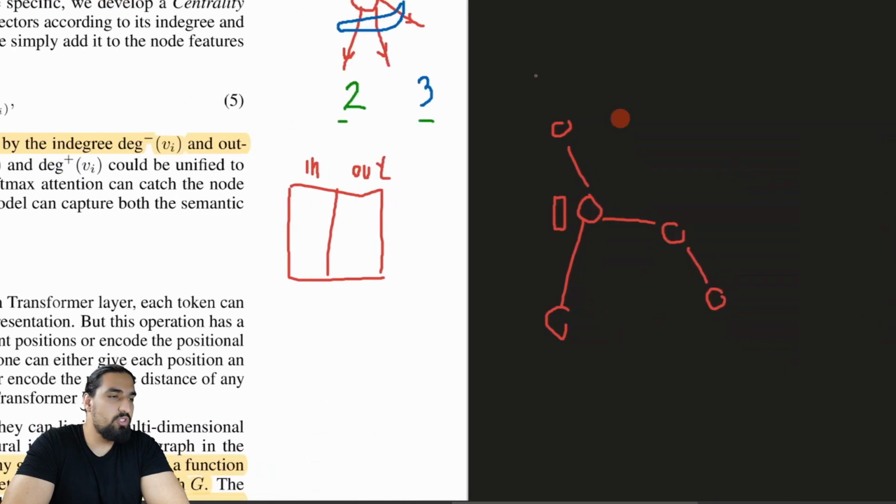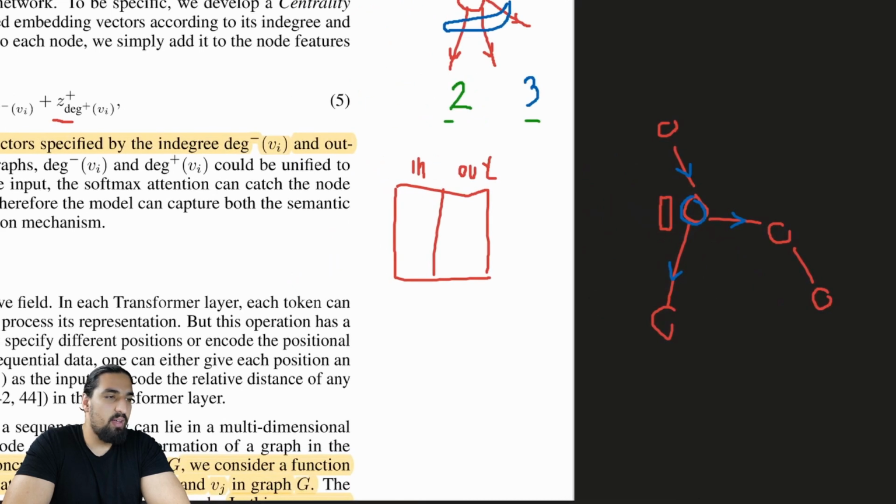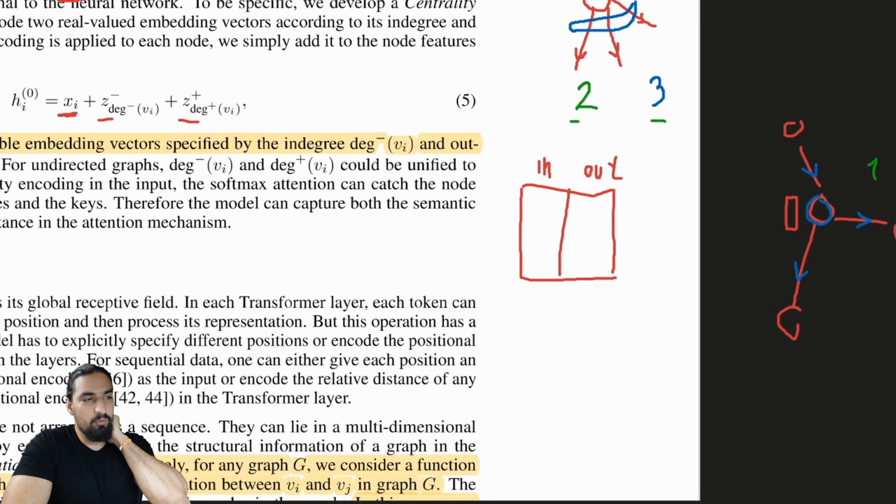Now if you focus on this specific node here, assuming this one is in degree and this two is an outgoing edge, we can form the degree numbers: we have 2 for the out degree and 1 for the in degree. Using that information, we can index into this embedding table, which is initially just randomly initialized.